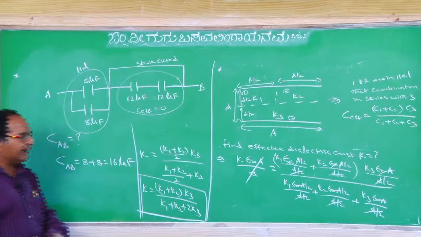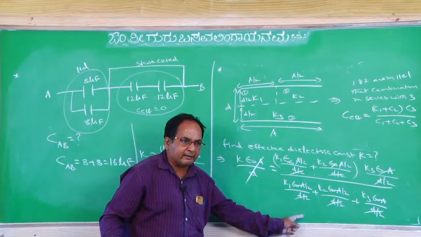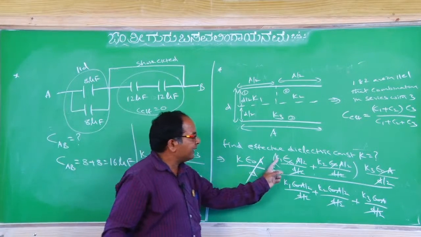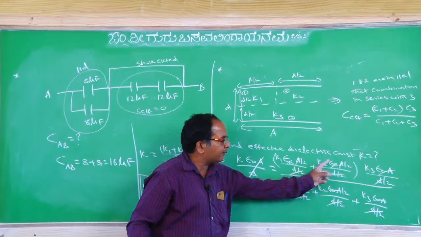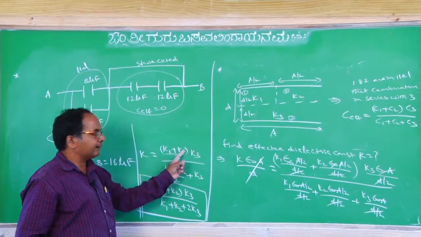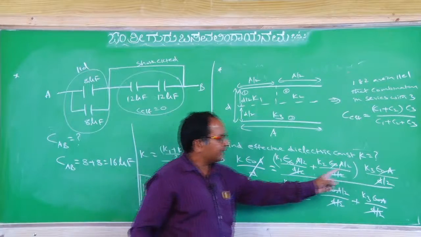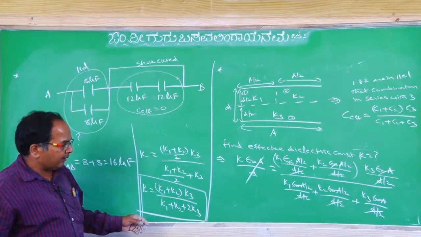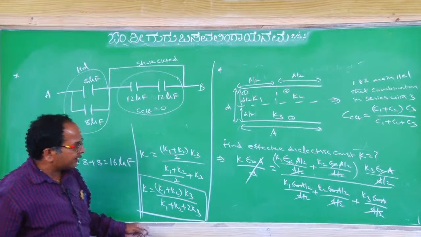Now, here this cancellation. Next, here K is equal to what is remaining? K1 by 2 plus K2 by 2, so K1 plus K2 by 2. Here only K3, K3 divided by, by 2 is there here also.